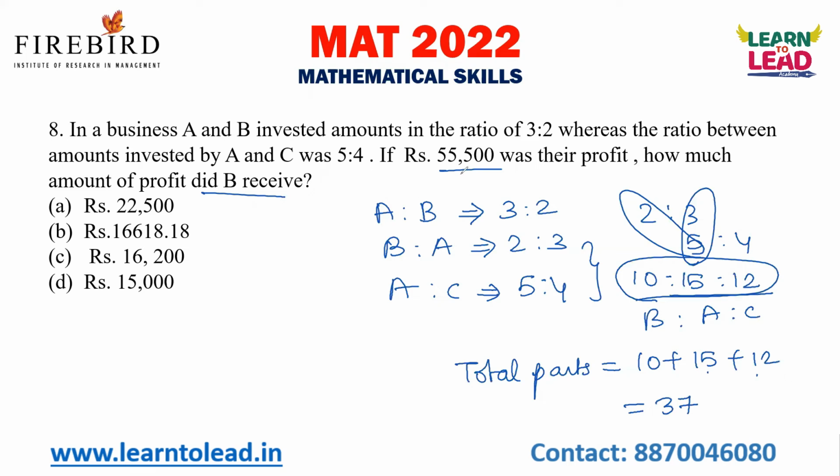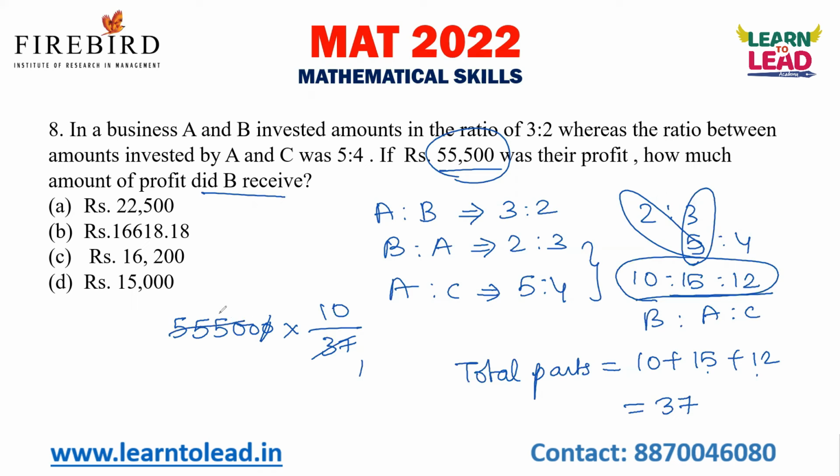Now, what is the profit amount? 55,000, and they're asking for B. The total parts is 37. B has 10 parts. So 55,000 multiplied by 10 is 550,000. Just divide by 37.